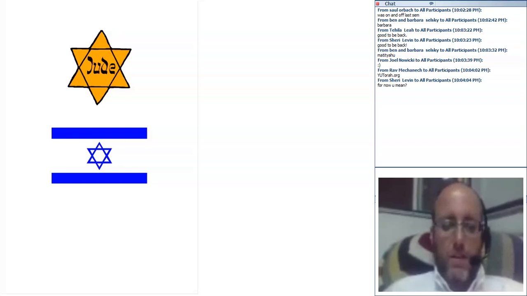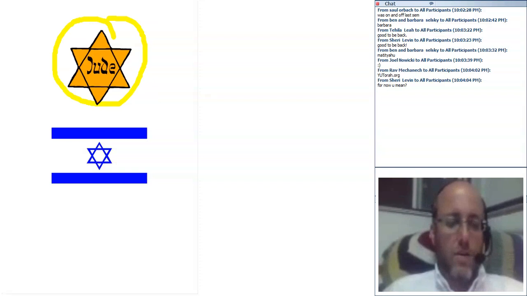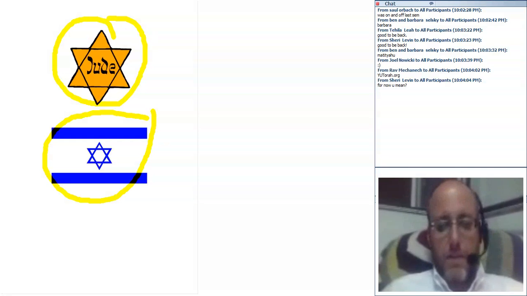And I posited, although it's somewhat anachronistic, that the story of modern Jewish history can be viewed through the lens of two stars: the yellow patch and the Kachol V'Lavan, the blue and white Magen David of the Degel Yisrael.